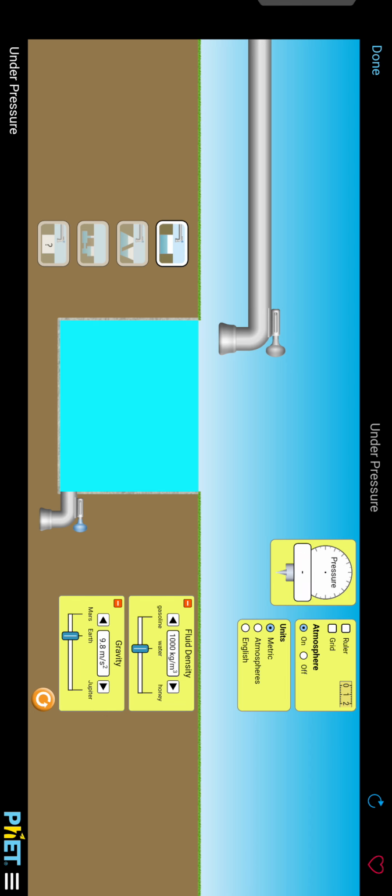Let's use the grid in order for us to determine its depth, and let's measure the pressure at every depth.